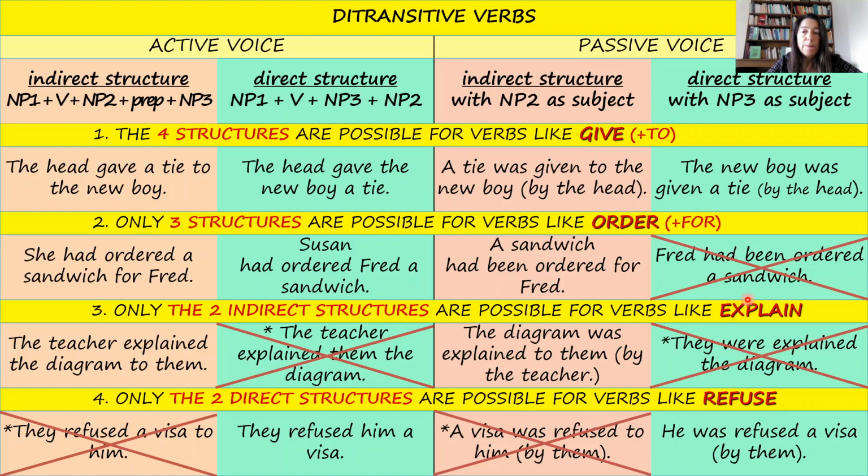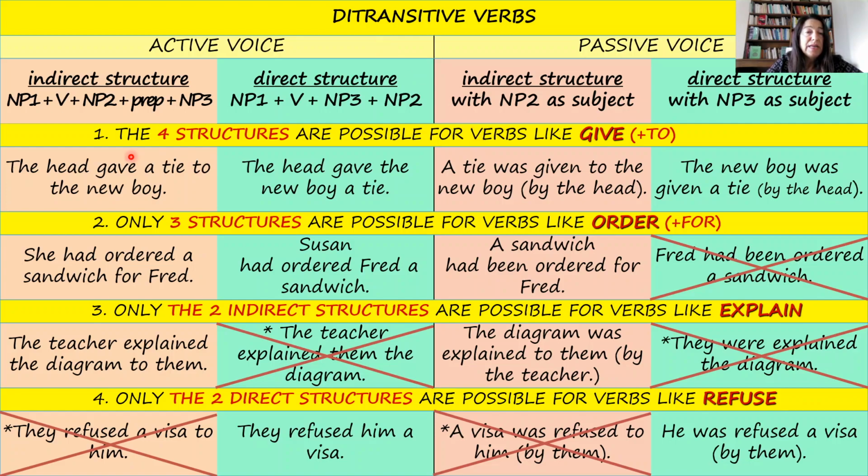Okay, so give, order, explain, and refuse can be the four models that we use to remember that ditransitive verbs do not all offer the same possibilities.